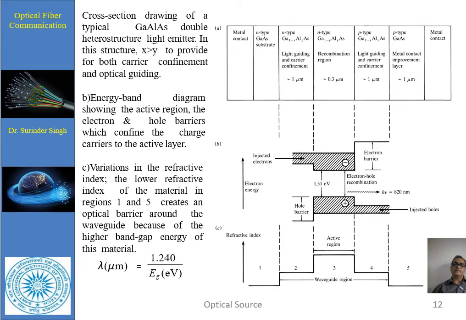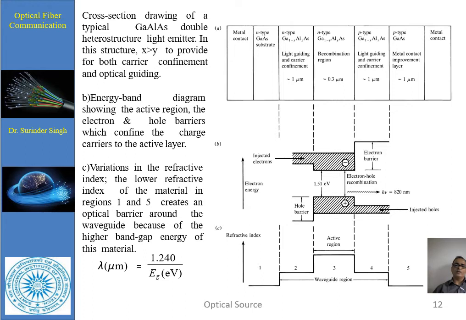The refractive index diagram has to be represented, and here the electron energy goes on increasing, with both carrier as well as optical confinement being done.